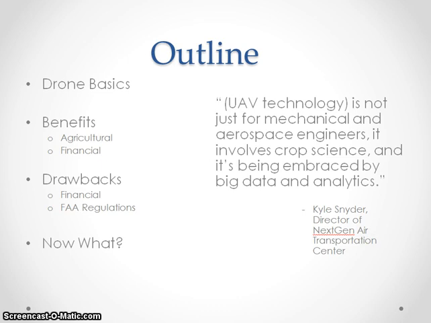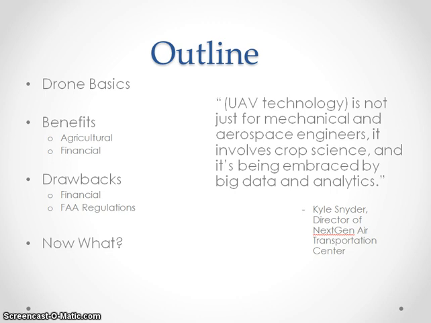First, we'll start off with a brief outline of what we're going to be talking about today. First, we're going to talk about just the basics of what a drone is, the parts of it, a few different types of drones. And then we'll continue on to the benefits, talking about both the agricultural and the financial benefits there.